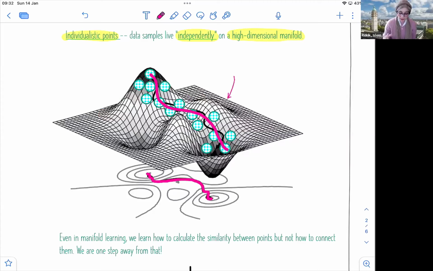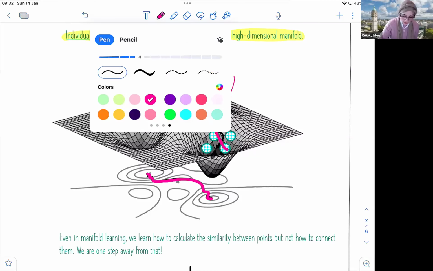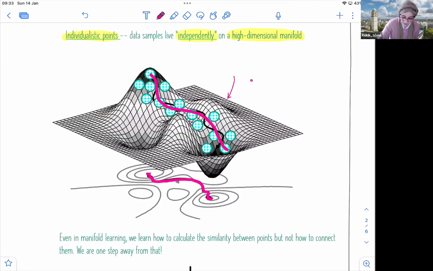And all of these points with a manifold, there is a projection there. We can see this beautiful projection, but still, even in this manifold learning, and we were able to learn and discover very well the embedding manifold of the data, or the manifold where the data is nested and lives, they're still independent.